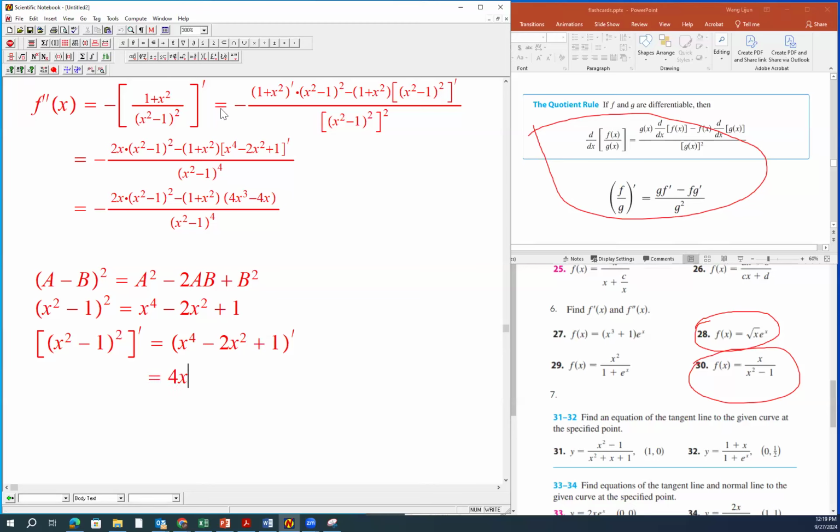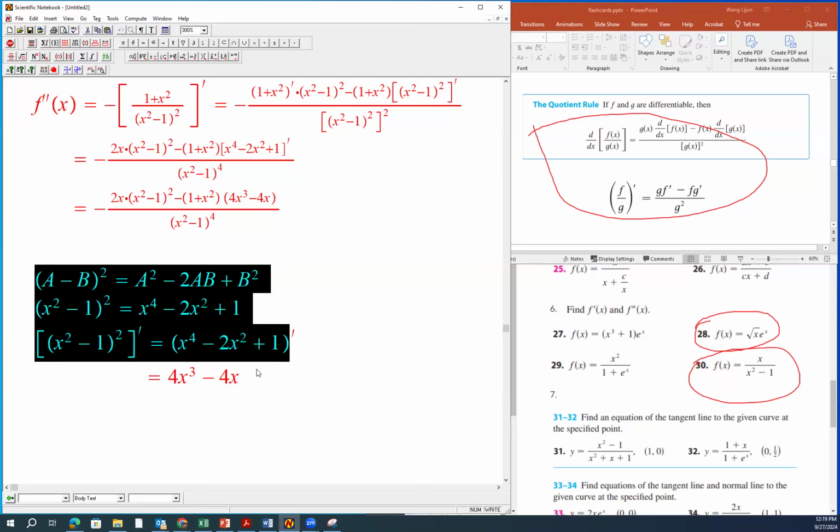The derivative of x squared is 2x, and 2x times 2 is minus 4x. The derivative of 1 is 0. So we got it right. This is your scratch paper. Your reader doesn't need to see it.